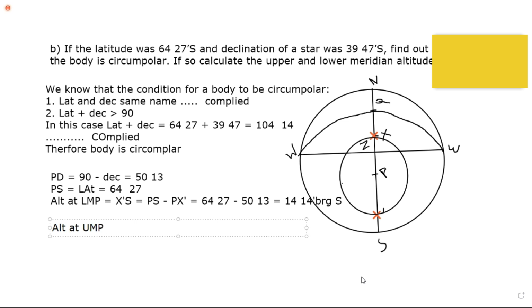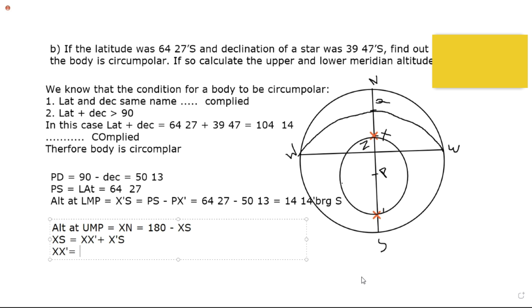Then UMP is equal to XN, 180 minus XS. XS is XX dash plus X dash S. X dash S, take out from polar distance times 2.